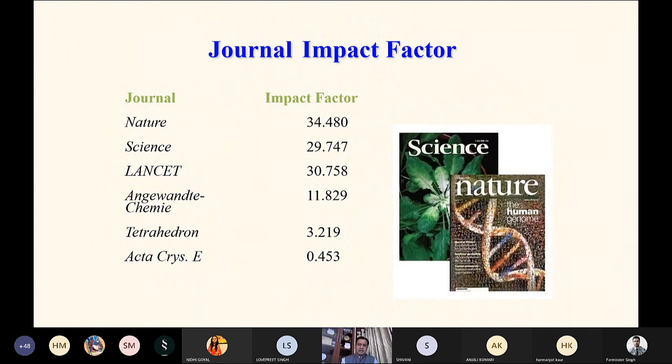These are a few journals with their own impact factor. Nature, which I was talking about in the beginning, is one of the most renowned worldwide journals, and it has a higher impact factor in comparison to other journals.